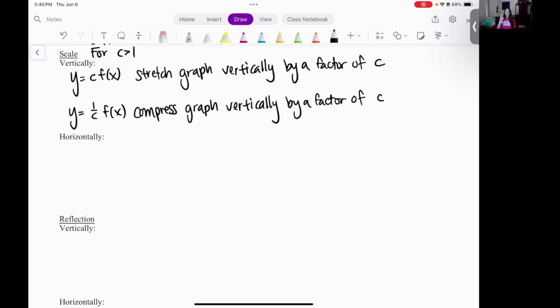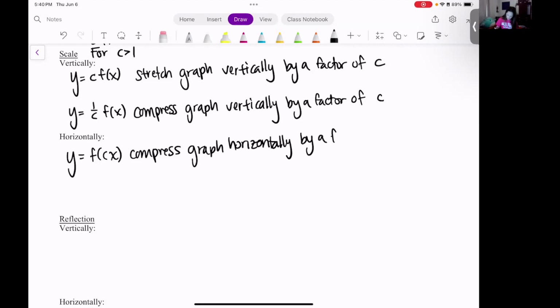Horizontally, when we do inside the function, y equals f of cx, instead of c being a stretch, c is going to be a compress on the inside. So if y equals f of cx, we're going to compress the graph horizontally by a factor of c. And then when you have 1 over c on the inside, that's going to stretch the graph horizontally by a factor of c.